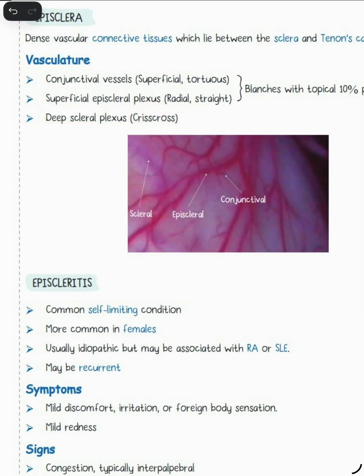The superficial tortuous blood vessels are the conjunctival, the straight and radial are the superficial episcleral plexus, and the blood vessels arranged in a crisscross fashion are the deep scleral plexus.